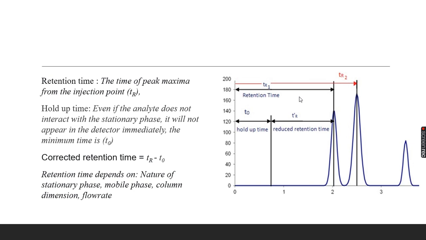As you know, T0 is always there as a background process, so it doesn't correlate with the binding to the adsorbent or how much the compound is retarded. So we can have a corrected retention time, that is retention time minus T0, the minimum time required, or hold up time. Retention time depends on the nature of the stationary phase, what kind of mobile phase we are using, column dimension and flow rate all together.